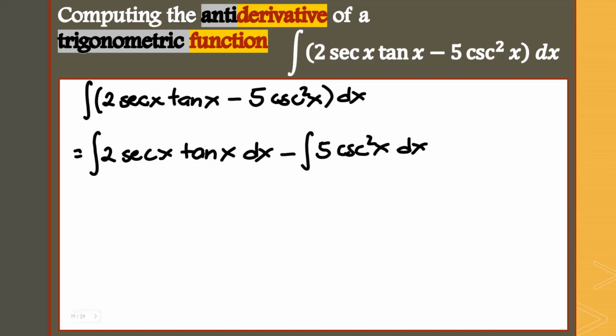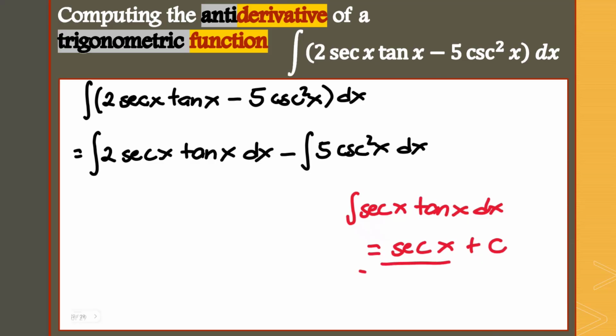So let's start here by reminding ourselves of the rule for the integral of secant x times tangent x dx. This is equivalent to secant x plus c, because the derivative of secant x is this entire form here. So it has a specific result.